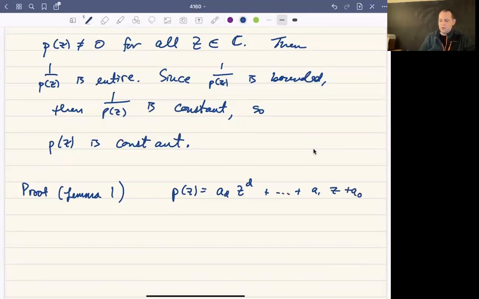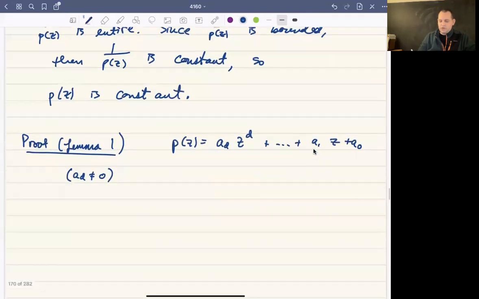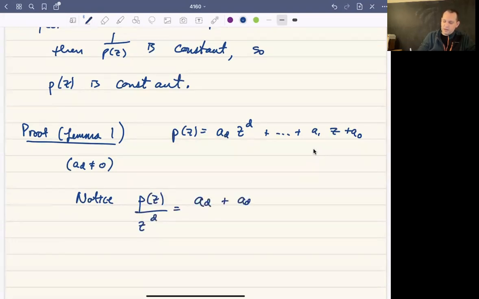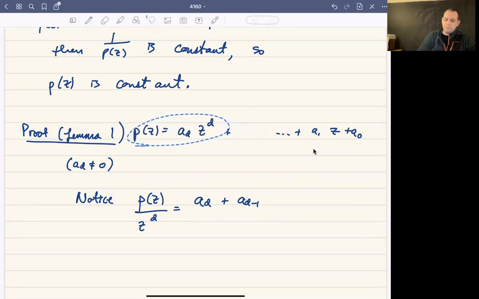Again, p of z is this polynomial where all the usual characteristics hold: a sub d is non-zero, d is at least 1, and so on. And then we want to show that p of z is bounded in a certain sense. What I'm going to do is notice that p of z over z to the d is equal to a sub d plus a sub d minus 1 over z, and so on. Let me write another term: a sub d minus 1 times z to the d minus 1.